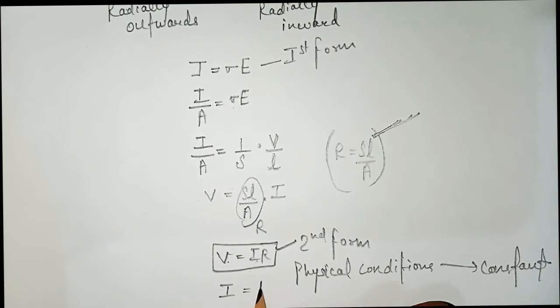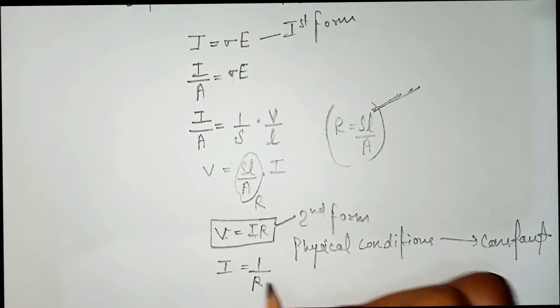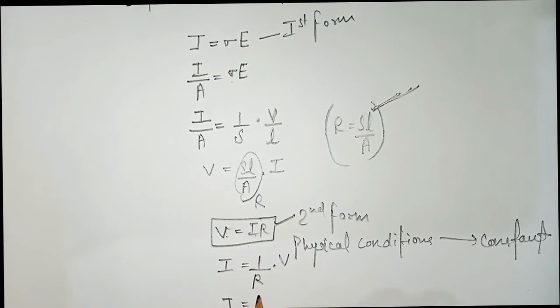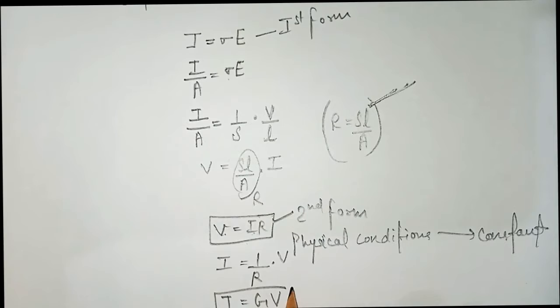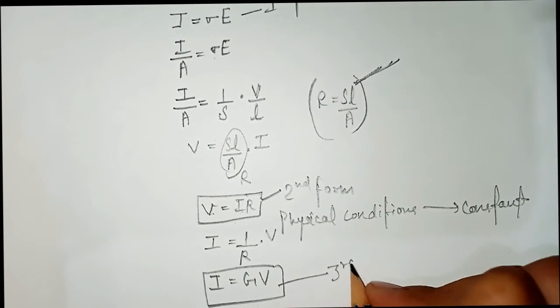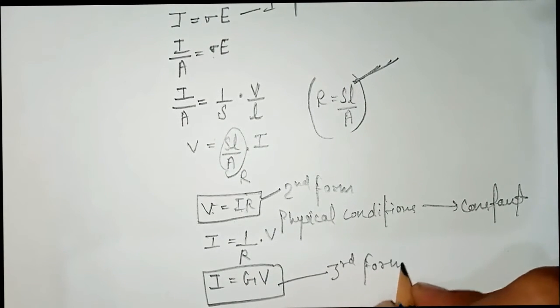From here I is equal to 1 by R into V. 1 by R is also written as G, so I is equal to GV. This is the third form of Ohm's law.